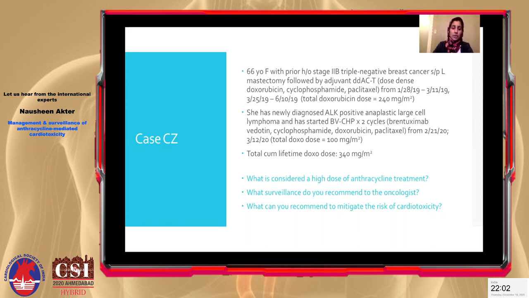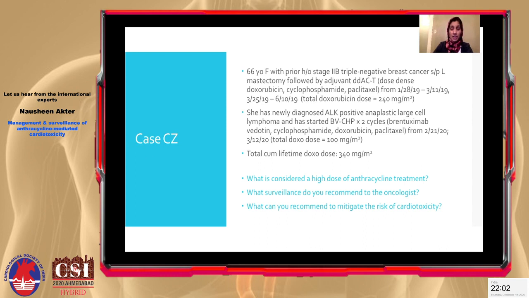She is then unfortunately diagnosed with ALK positive anaplastic large cell lymphoma and started treatment with BV-CHP and has had 2 cycles of this prior to seeing you in cardiology clinic. So at this point, her total cumulative doxorubicin dose is 340 milligrams per meter squared.